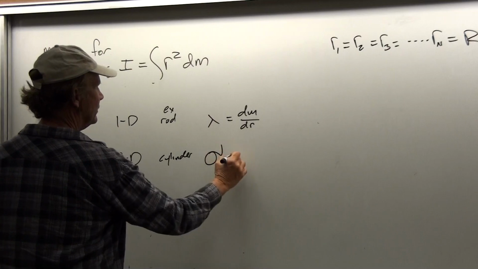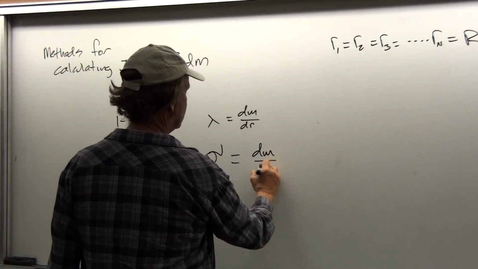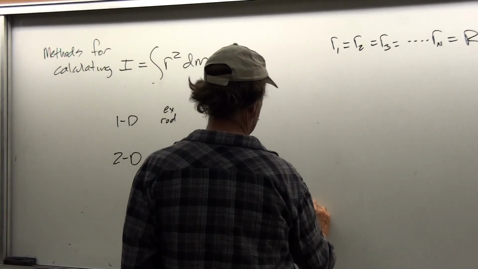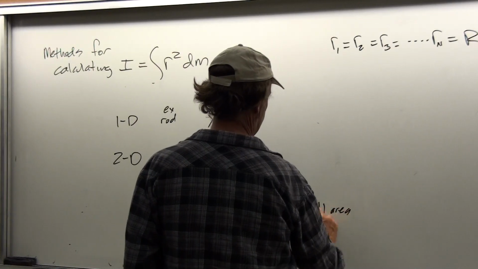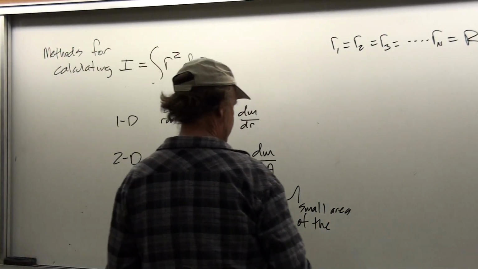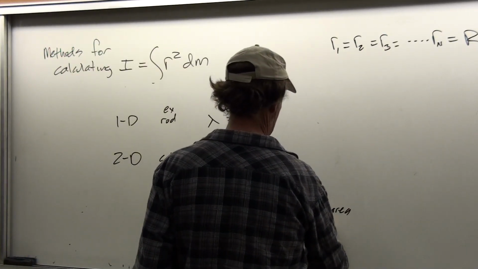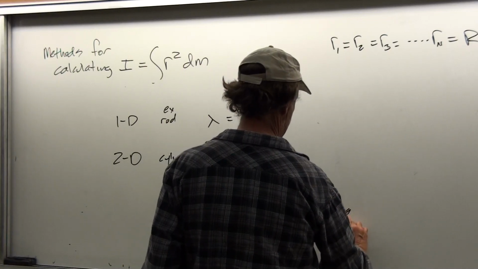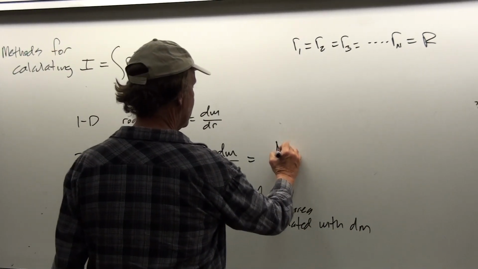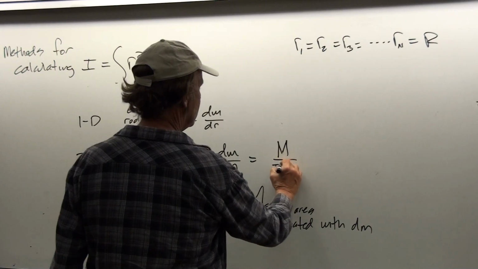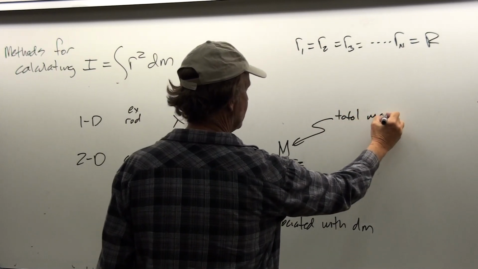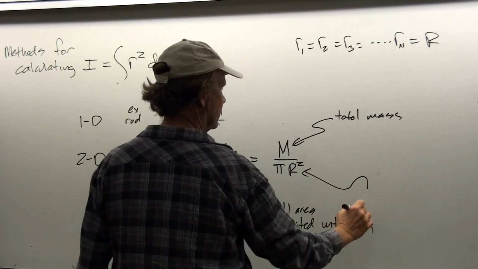So now we want a sigma that is equal to dm dA, where A is the little bit of area that is associated with dm. But that is also going to have to be total mass divided by total area, which is pi big R squared. So this is total mass of the whole cylinder, and this is the total area of the cylinder.